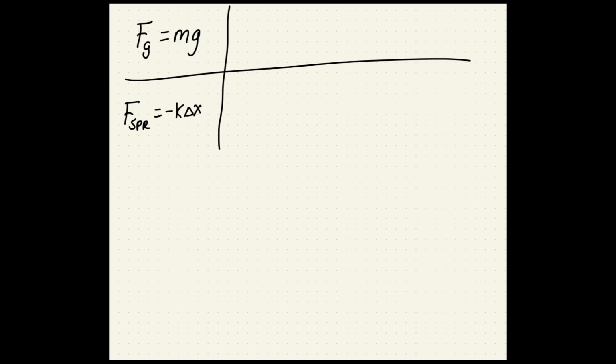We have a static friction force, which is less than or equal to mu sub s times our normal force. A kinetic friction force, which is equal to mu sub k times our normal force.